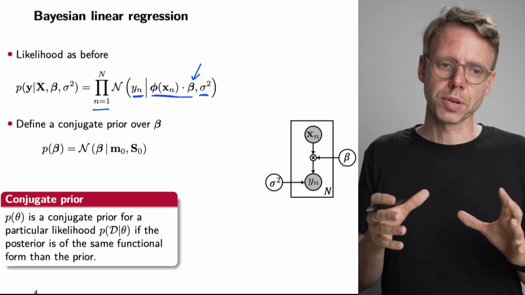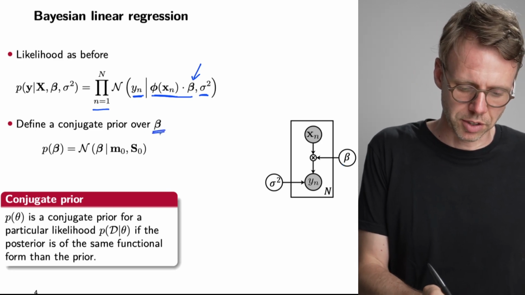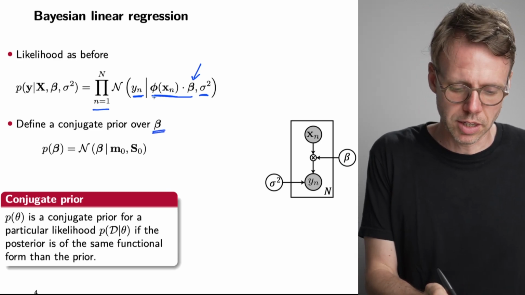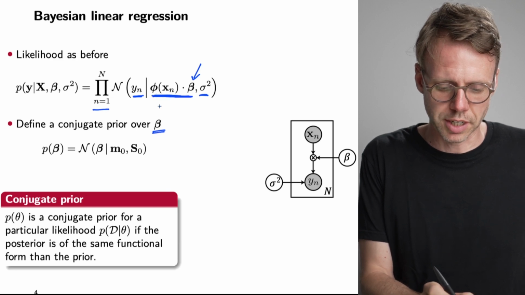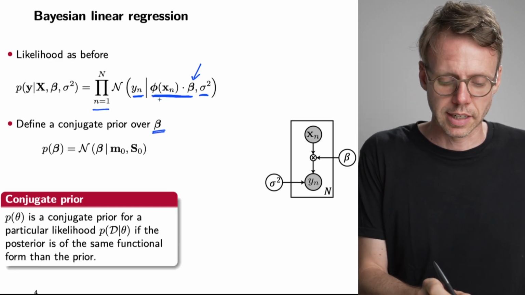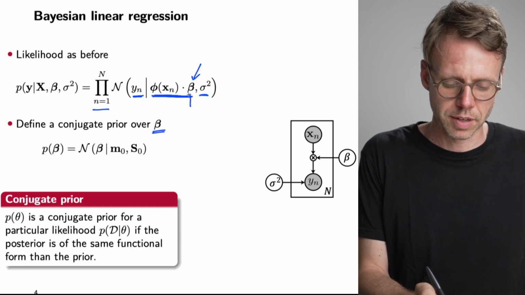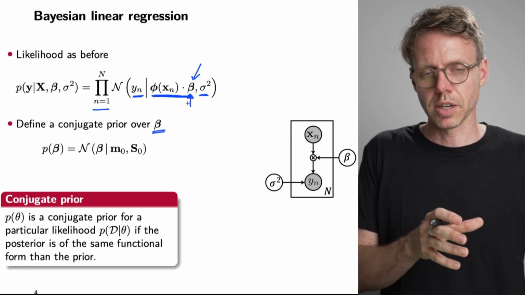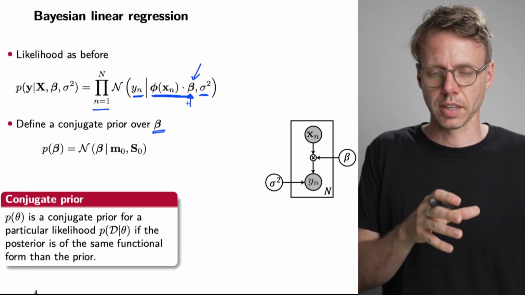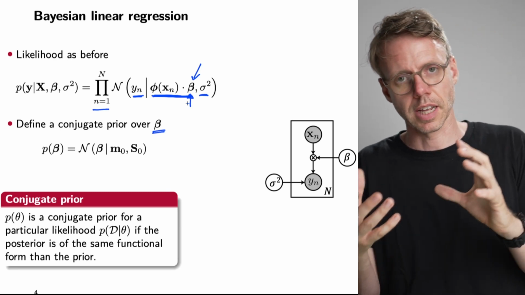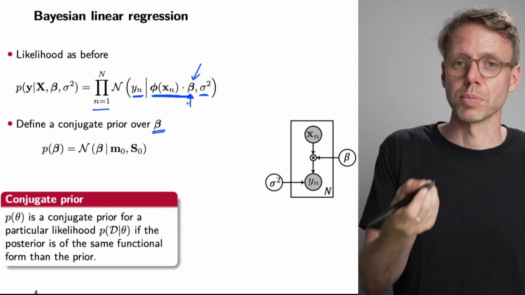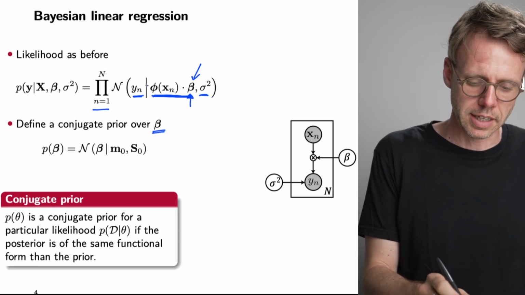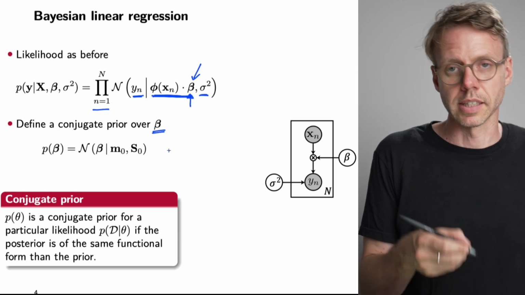We define a conjugate prior over the parameter vector beta. Beta appears in the mean. In fact, the mean of our normal distribution here, of the likelihood, is a linear function of beta. So similarly to the mean of a Gaussian distribution having a conjugate prior that is Gaussian, if we compute a linear function of beta here, then the conjugate prior is also Gaussian.